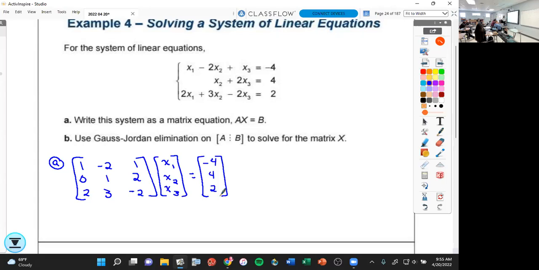No. It's going to turn all these into ones, the identity. So by using Gauss-Jordan, we're going to change this matrix into the identity, and it's going to change these numbers into the solutions, won't it? Okay.